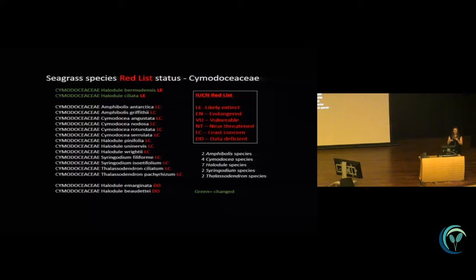So what you're saying is it probably didn't exist? Another one of those? Well, I'll talk about it on Thursday, but I think there is more than one Halodule in the Caribbean tropical Atlantic region, but there's at most two, so we need to be thinking about how that fits in with these concepts.